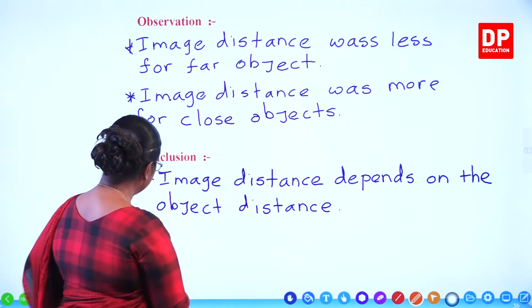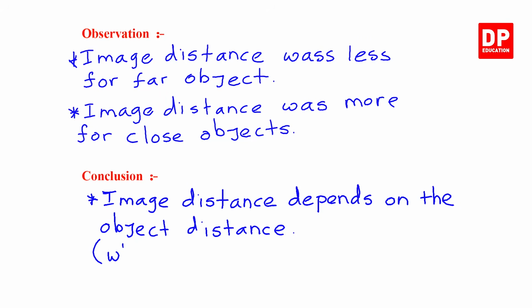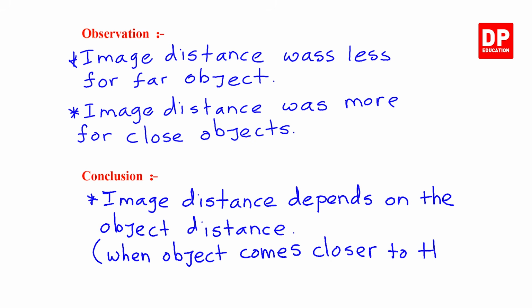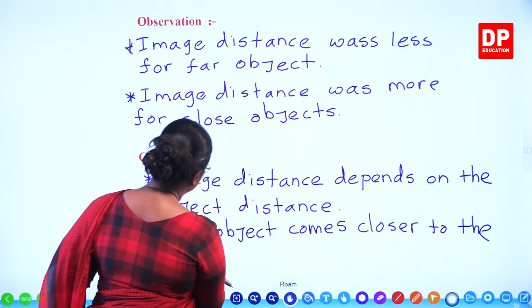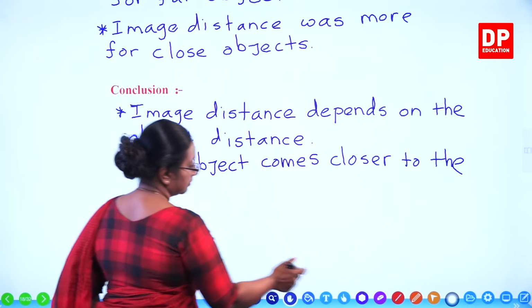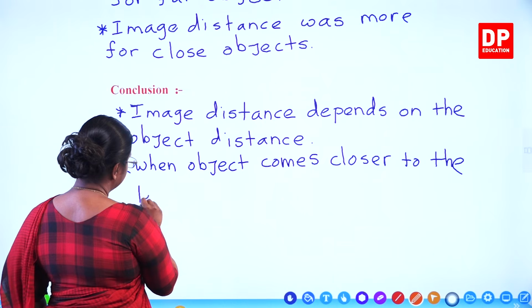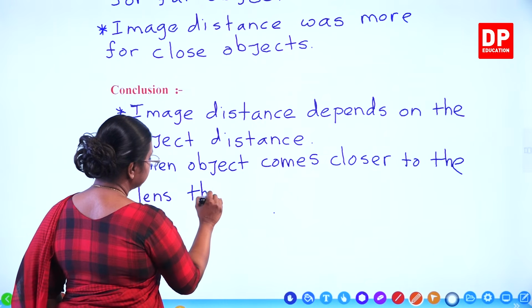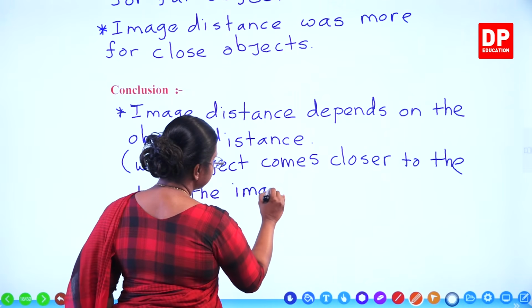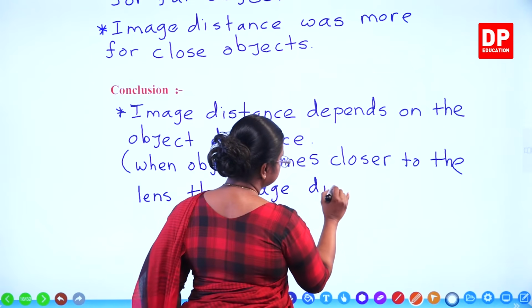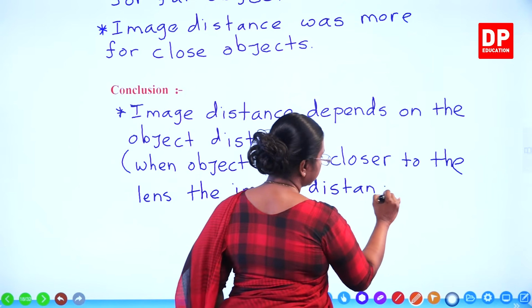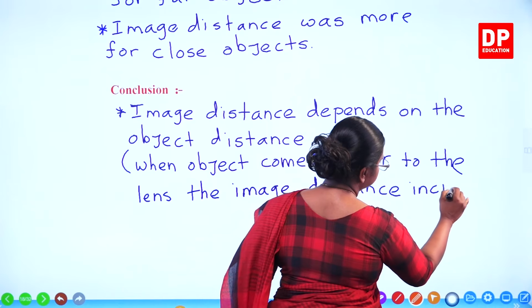And to make it more specific, we can say when the object comes closer to the lens, the image distance increases.